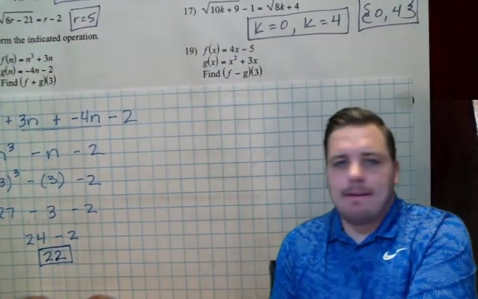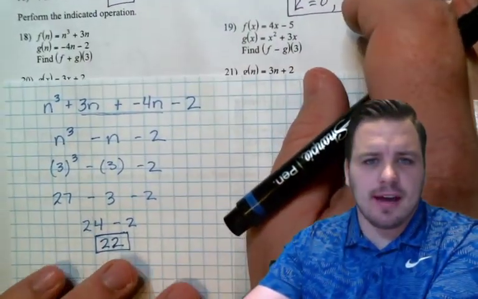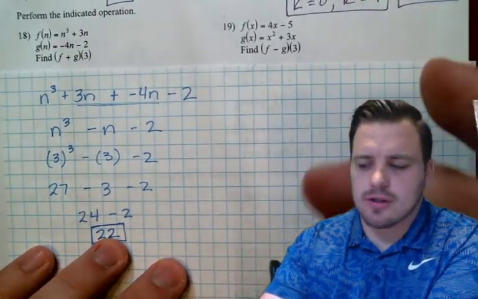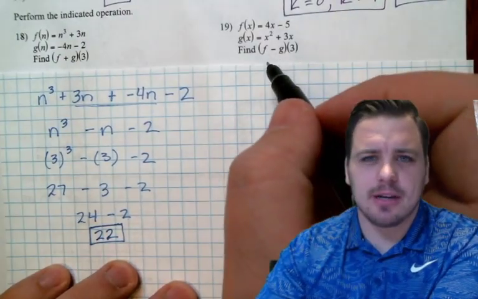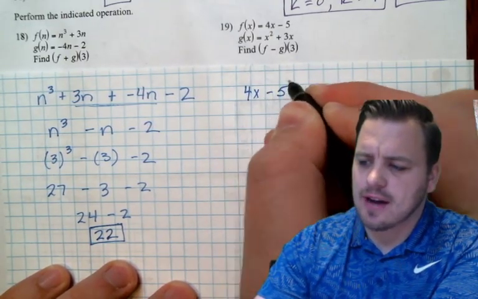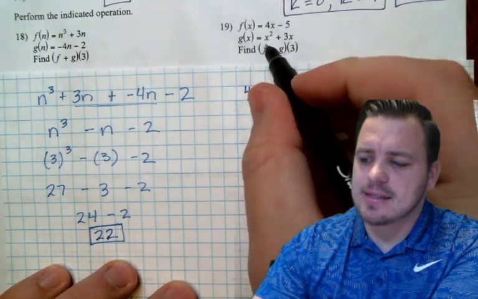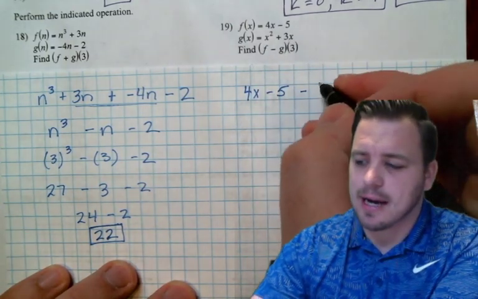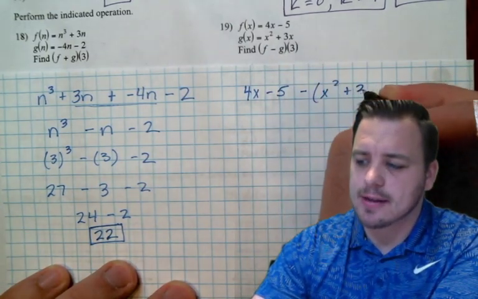All right. If you're good with that, no questions, let's look at number 19. So number 19, we need to find f minus g. So I say 4x minus 5, and then minus, since this is a binomial here, you need to say minus x squared plus 3x.